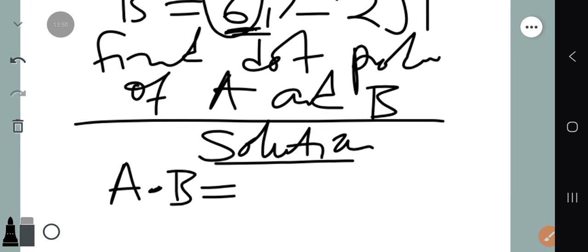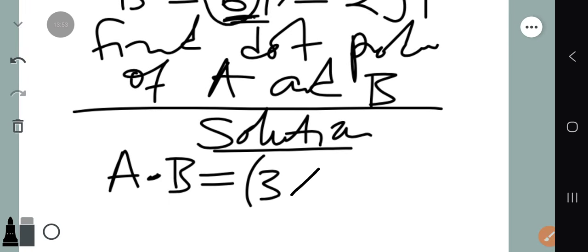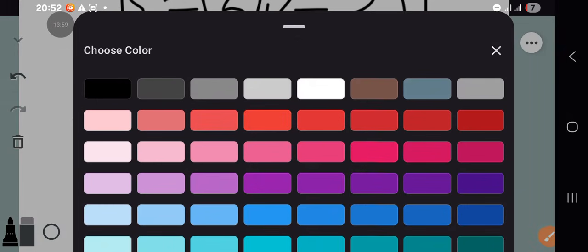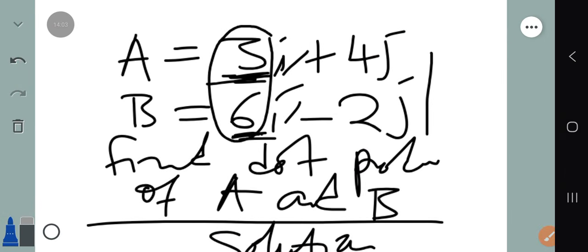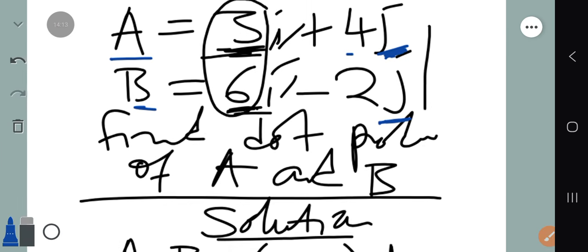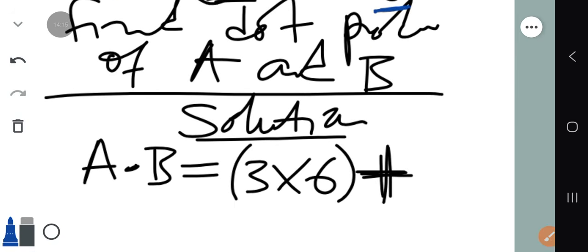So 3 times 6, plus, don't forget this, the coefficient of J. What is the coefficient of J for vector A? 4. Times the coefficient of J for vector B, negative 2. So plus 4 times negative 2.